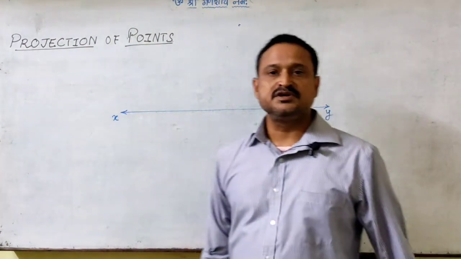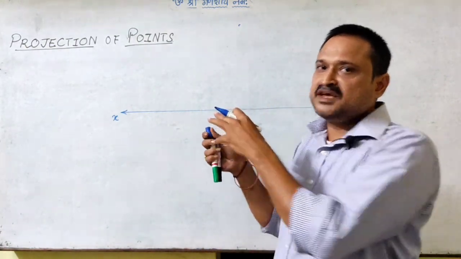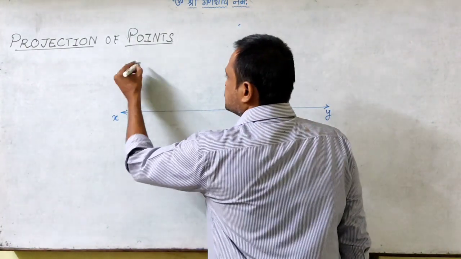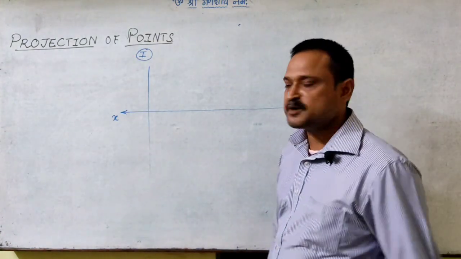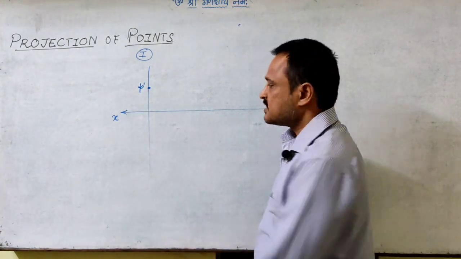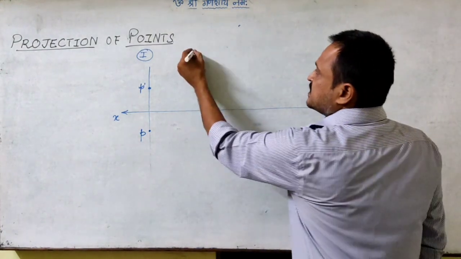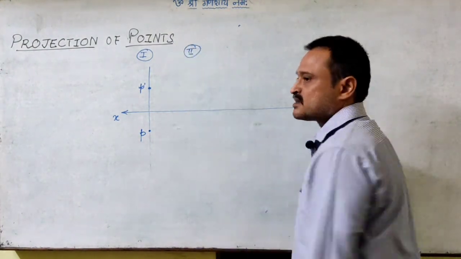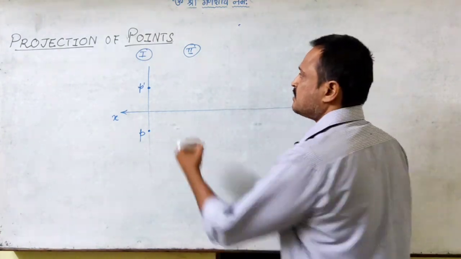Our first case was point P, H millimeter above HP, B millimeter in front of VP. So for case 1, this is the projector of point P. This is the front view P dash and this is the top view P. For second case, what we have seen, the point is in VP and H millimeter above HP.